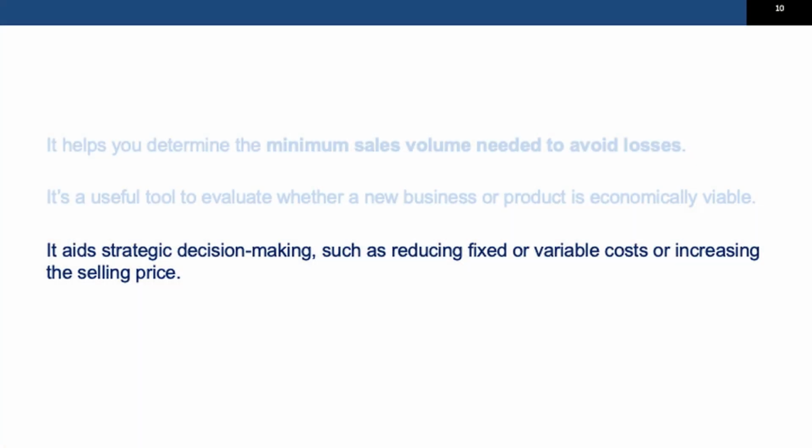If we will be able to sell this amount and even more, the project is profitable, otherwise not. And it aids strategic decision making, such as reducing fixed or variable costs or increasing the selling price.